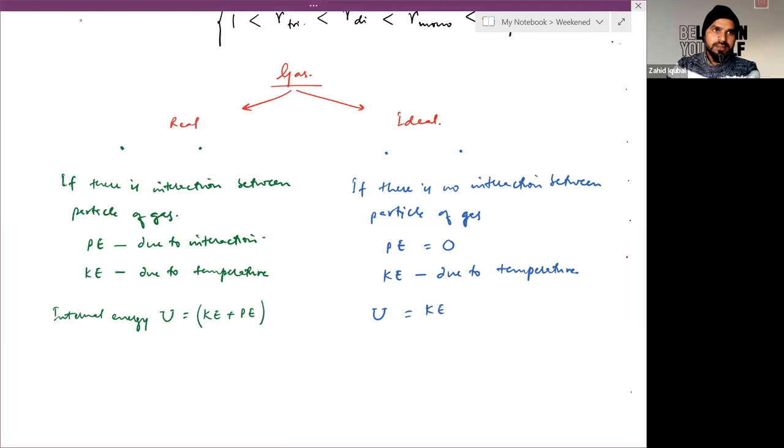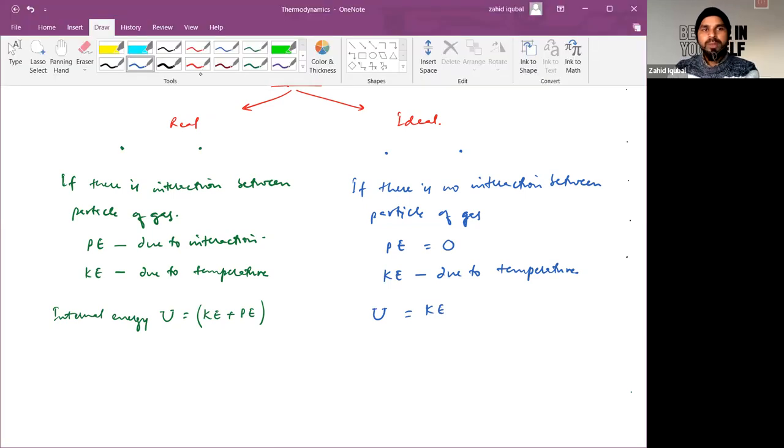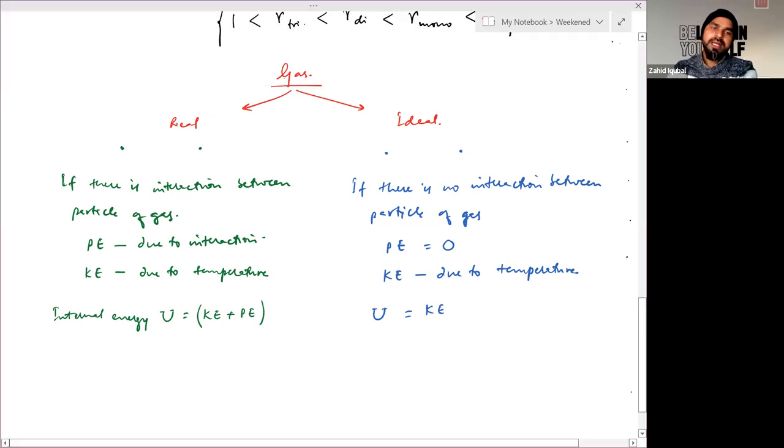So you'll be asked at which condition a real gas will tend to behave as an ideal gas. For a real gas to behave as an ideal gas, the first condition is that there will be the least interaction between the particles. So if particles are to be least interacted, there must be large separation between them.